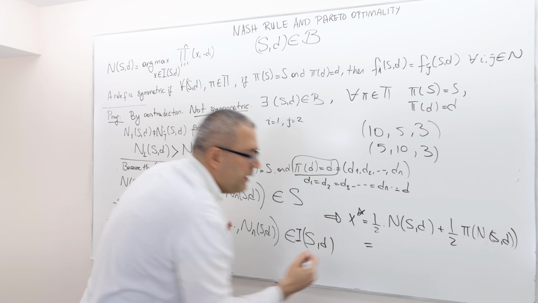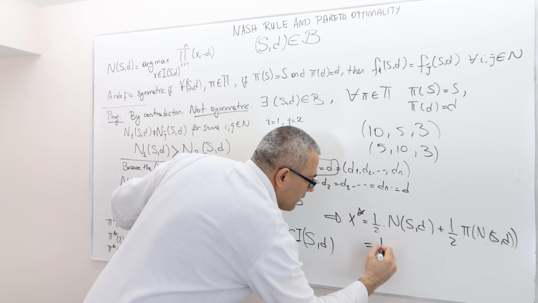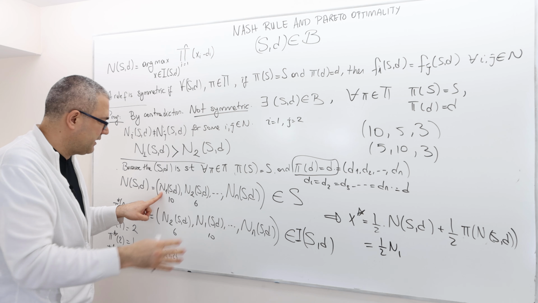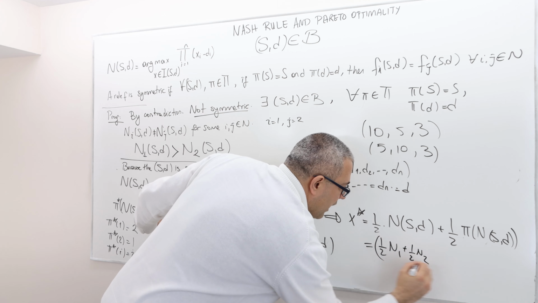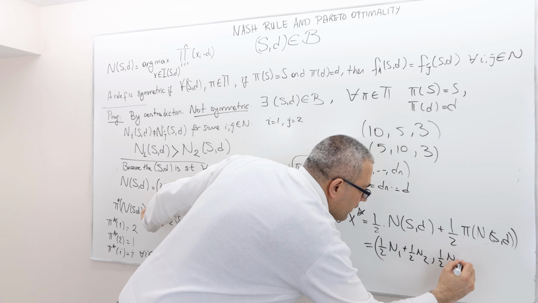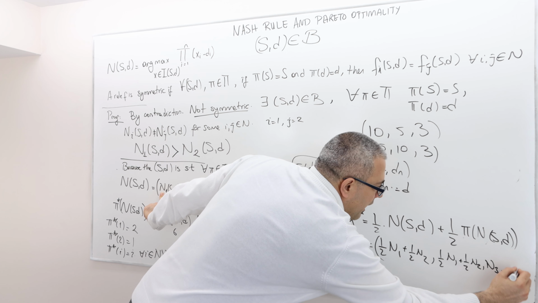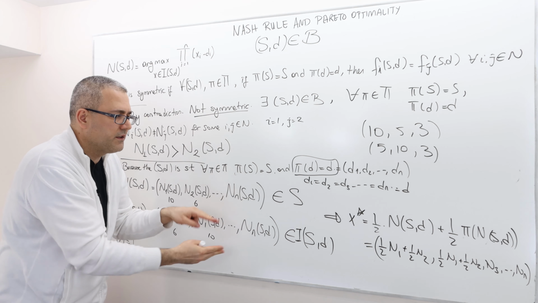So that's going to give me 1/2 n1 plus 1/2 n2, comma, 1/2 n1 plus 1/2 n2, and then n3, and then nn. I ignore the (S,D) because it's going to take a lot of notation. Okay, because everybody else's payoffs are the same.